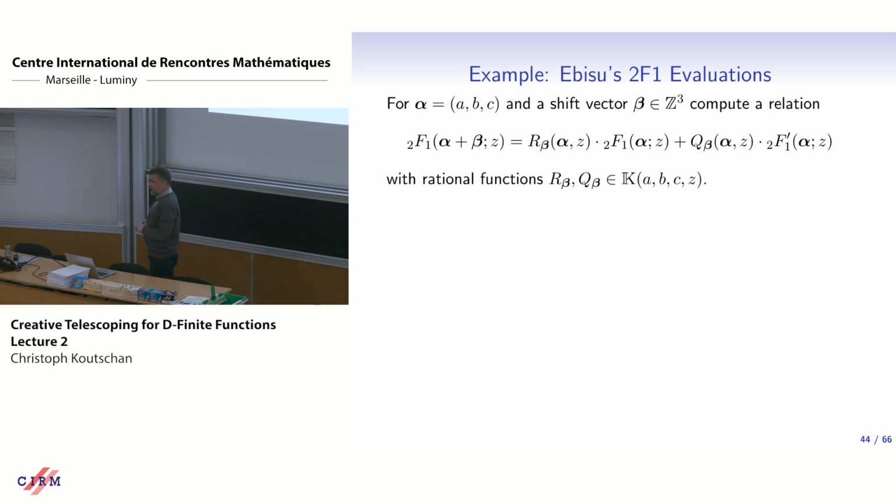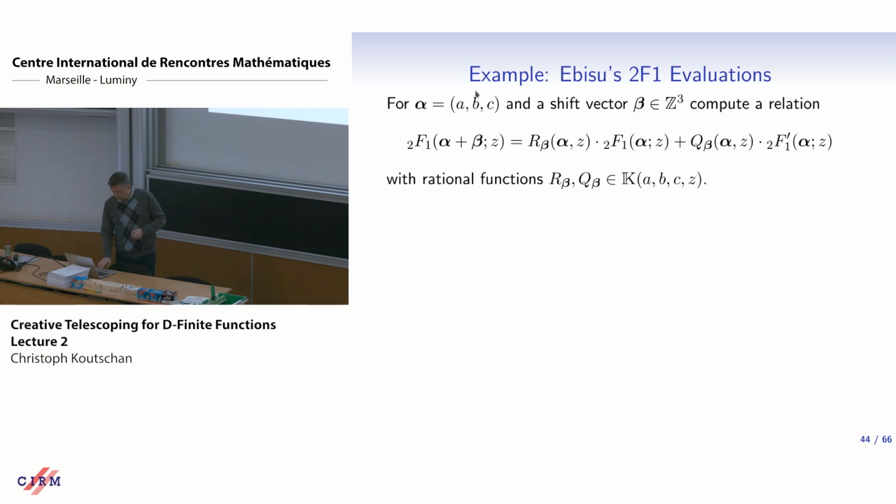And if the rank is 2, that means whenever you take 3 members, 3 instances of this function, and by instances, I mean you can take shifts or derivatives, whatever 3 instances you take, you will find a non-trivial relation, because all these things live in a vector space of dimension 2.